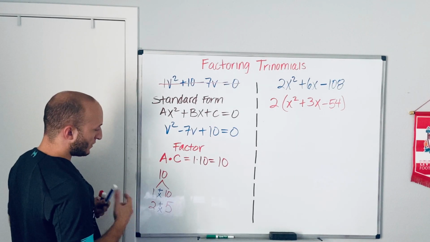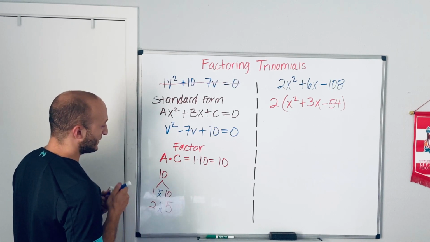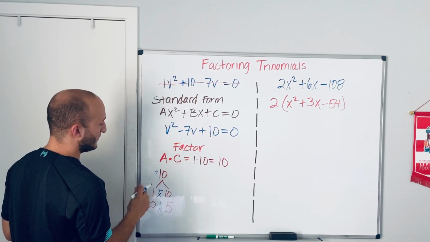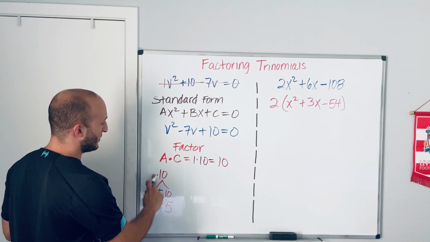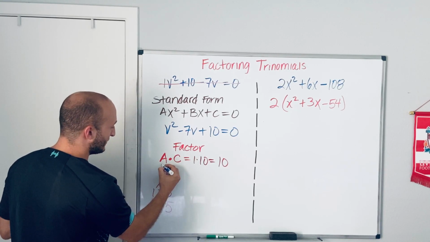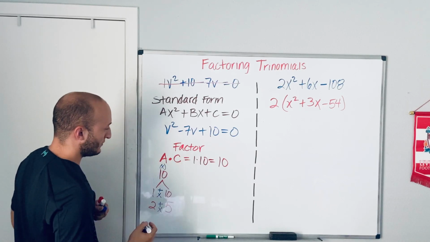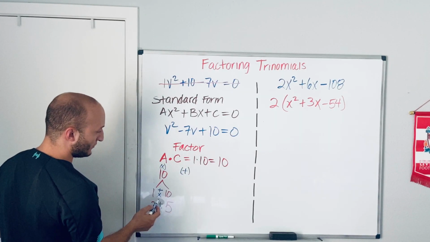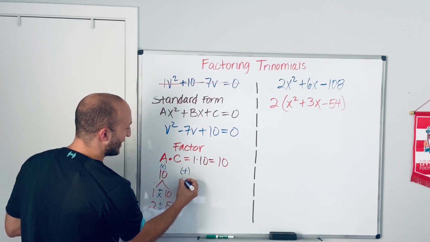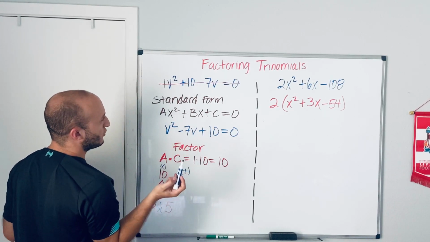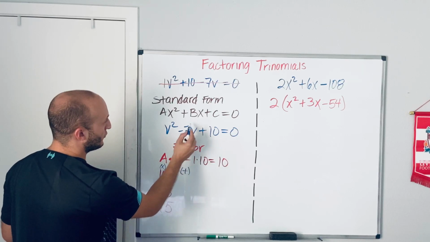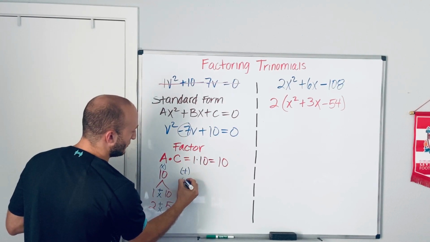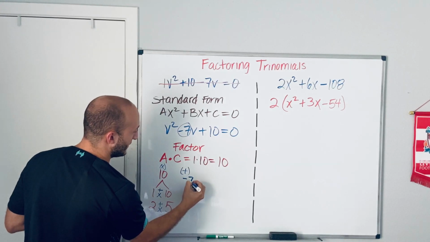So when I multiply, I must get a +10. I'm gonna mark it as my multiplication. Then my addition, because I have an addition sign in there too, has to be b, whatever coefficient b is, and coefficient b would be -7. So I would have to get a -7.